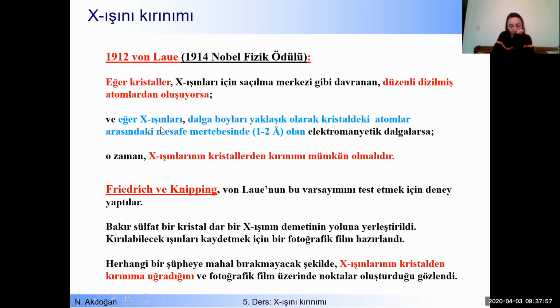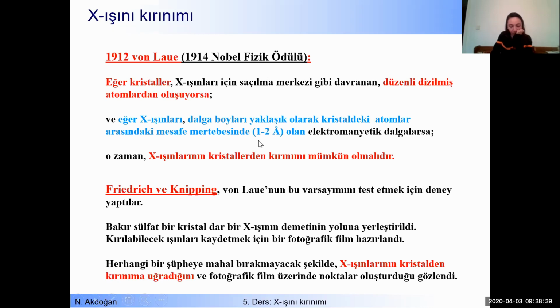If the crystals in materials are formed from periodically arranged atoms, in addition to that, if the X-rays are electromagnetic waves with a wavelength of around 5 angstrom, like the distance between the atoms within the crystals, then X-rays can be diffracted from the crystals.